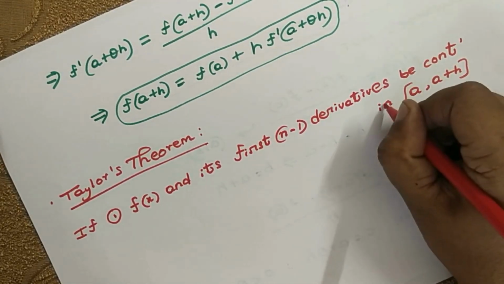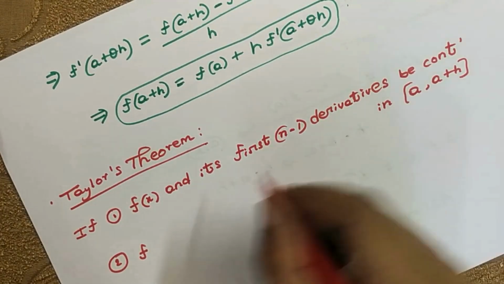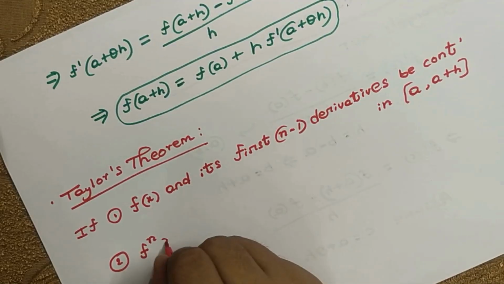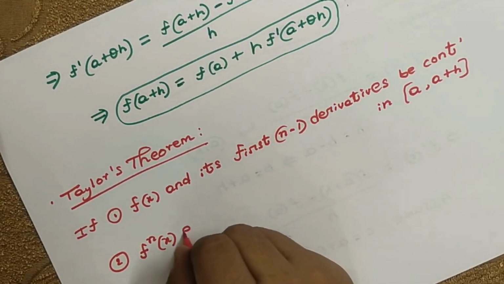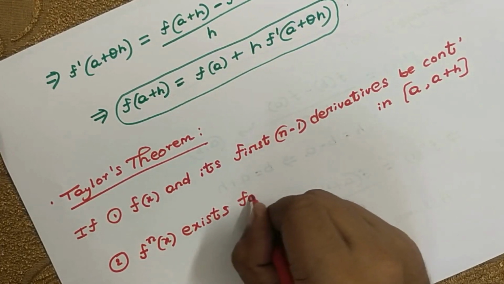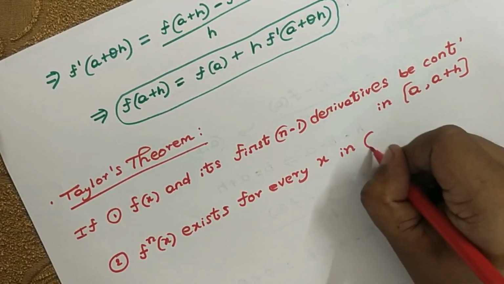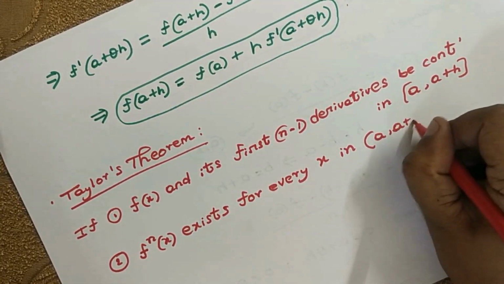The second condition: n minus 1 derivatives are continuous, so let's take the nth derivative of f. The nth derivative of f exists for every x in the open interval a comma a plus h. So these are the two conditions.